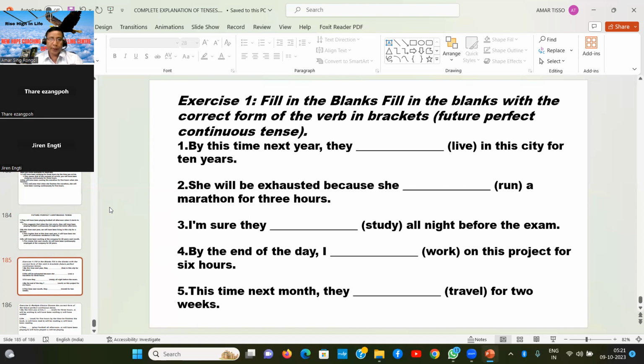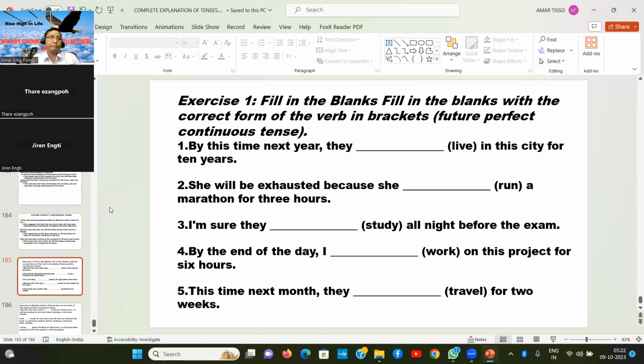Will you try this, Jiren? Okay. By this time next year, they will have been living in the city for 10 years. Yes. Okay, that's good practice.